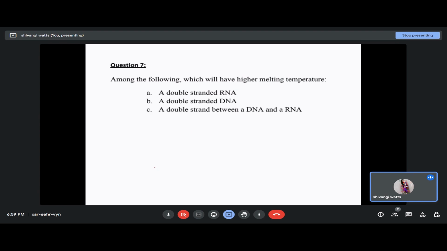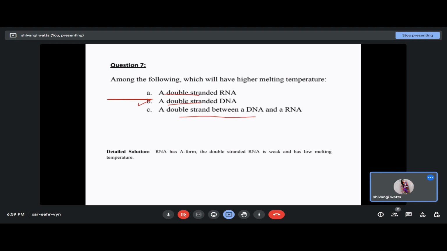So among the following, which will have higher melting temperature: a double-stranded RNA, double-stranded DNA, or double strand between DNA and RNA. So we all know double-stranded DNA is having the high melting point. I'm expecting you know what the melting temperature is.